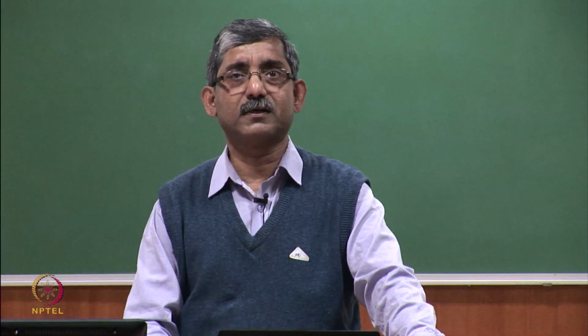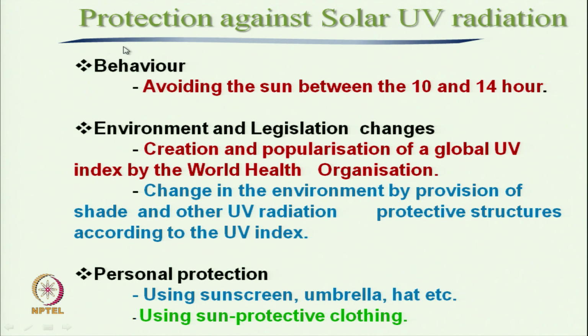So, protection against solar UV radiation, it is maximum between 10 to 14 hours. So, one should avoid direct sun from 10 to 14 hours. Other ways of protection are environment and legislation change, and the creation and popularization of the global UV index by WHO.